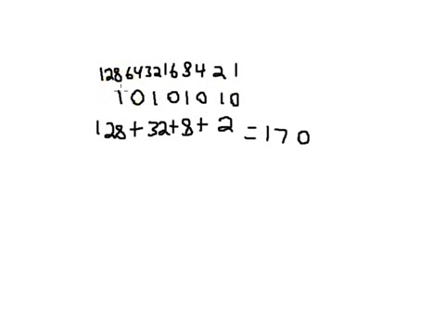So let's pick another number so we can see how they look. Let's pick the number 11001101. Alright, so now we have a 1, there's no 2, but there's a 4, and there's an 8, and there's no 16, no 32, there's a 64, and there's a 128.